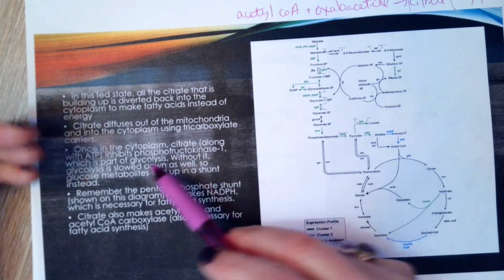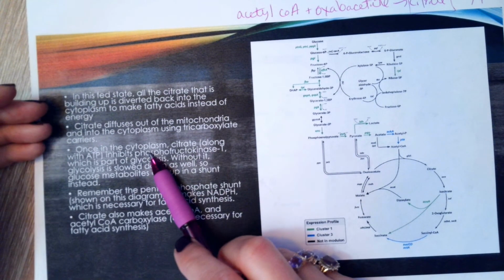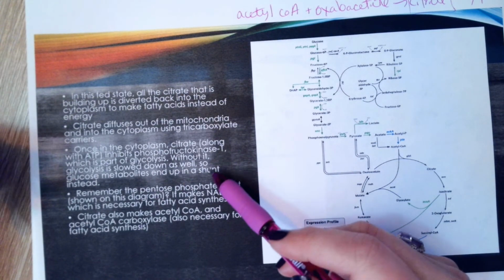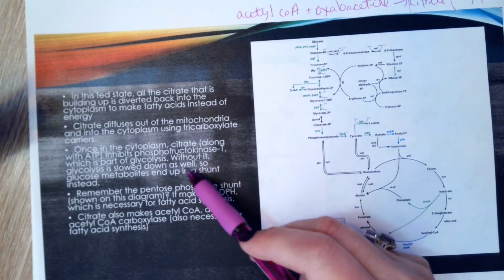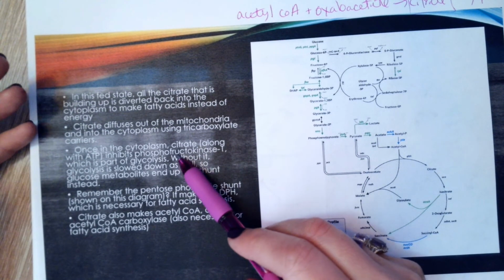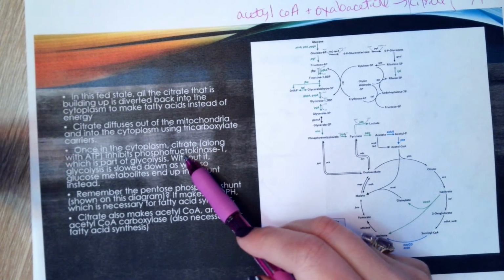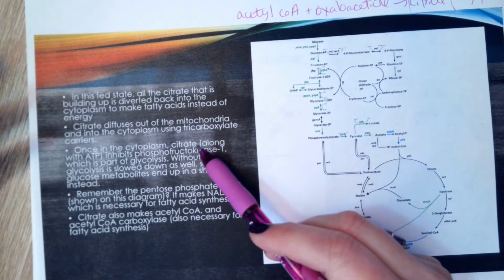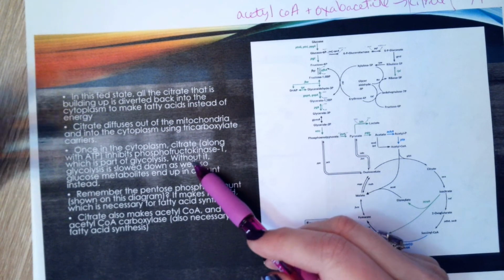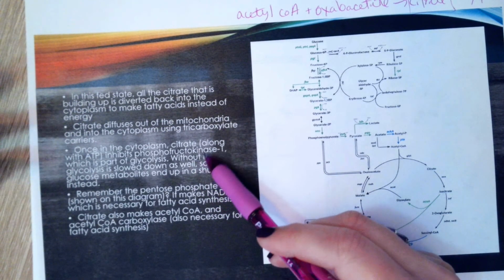Now, once we get the citrate in the cytoplasm, the citrate starts to inhibit glycolysis by inhibiting one of the key enzymes of glycolysis, which is phosphofructokinase. So when you inhibit phosphofructokinase, you are slowing down glycolysis itself.